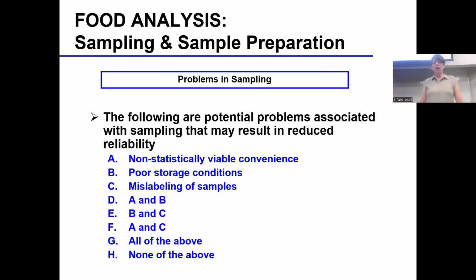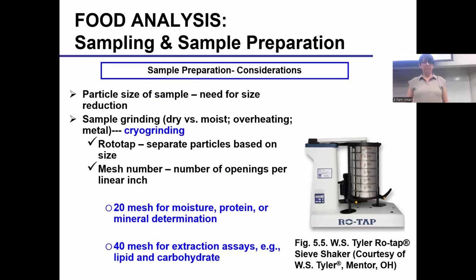So when you have no choice but getting samples that are conveniently reachable, that is a problem because you might have issues with the samples you were not able to reach in a container. Poor storage, obviously, high moisture, high temperature, or high humidity, will change the composition of your sample. Mislabeling, obviously. That is very silly, but very common mistake. Okay.